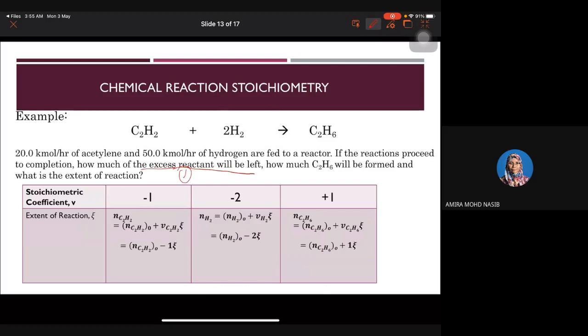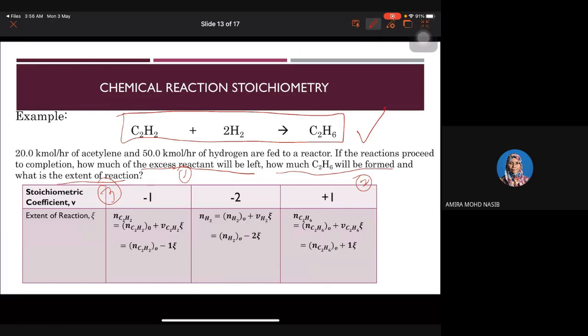So we have 3 questions here: 1, 2, 3. In order for you to find the extent of reaction, you need to know the stoichiometric coefficient. In order to have a correct stoichiometric coefficient, you need to make sure this equation is balanced. We know that it is balanced just now. So I put it in a table.